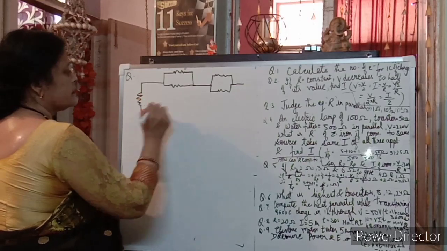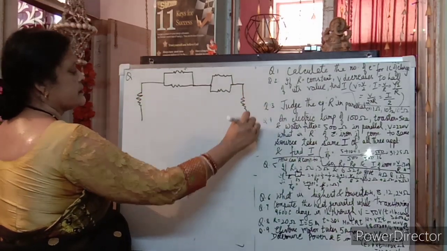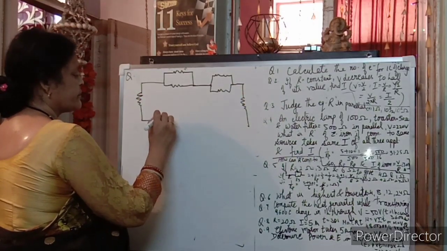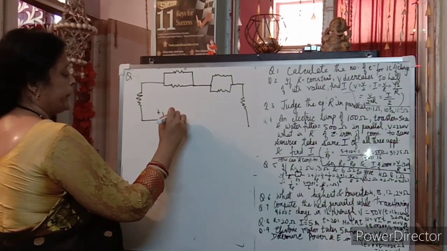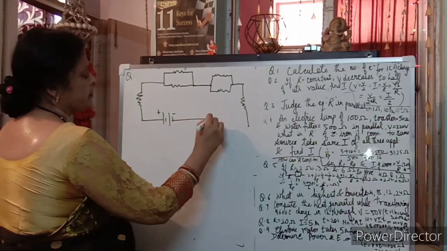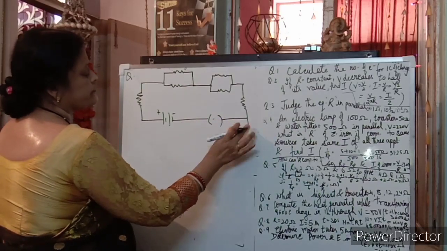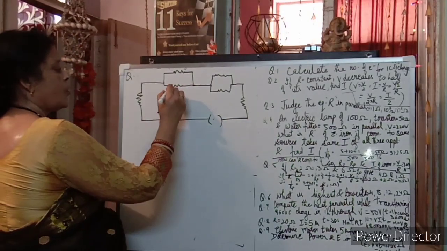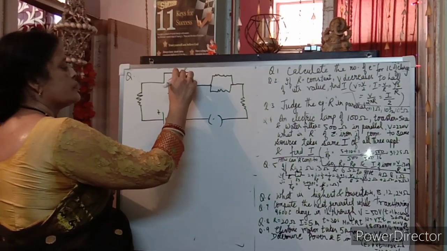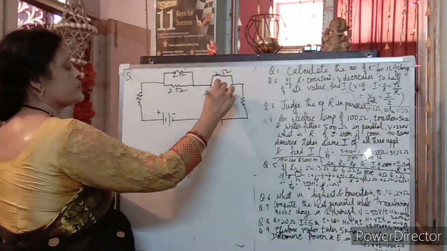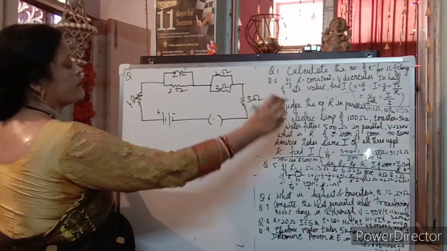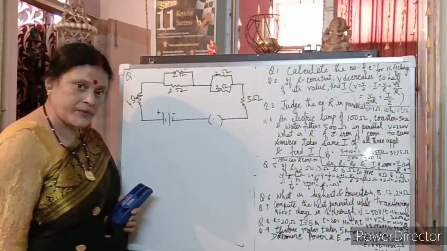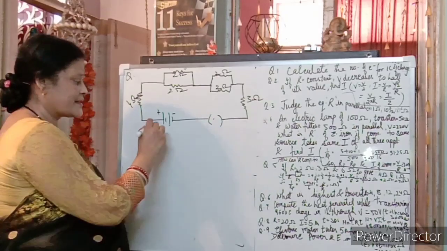It seems to be so tough. This is the battery, negative, and this is your switch. All are 2 ohm: 2 ohm, 2 ohm, 2 ohm, then 4 ohm and 3 ohm. Now what will you do? Simplify this. And the battery is 6 volt.